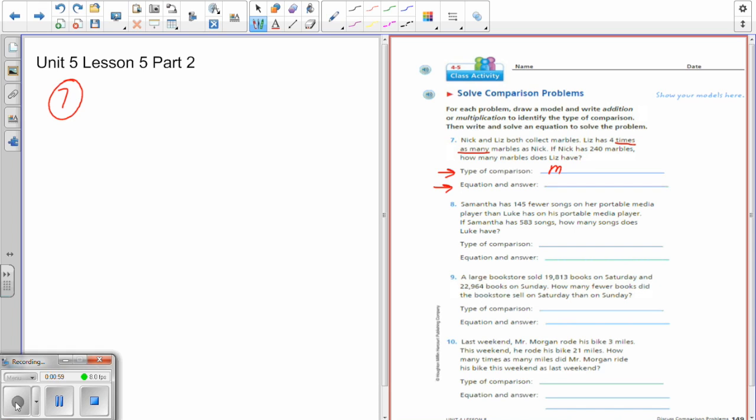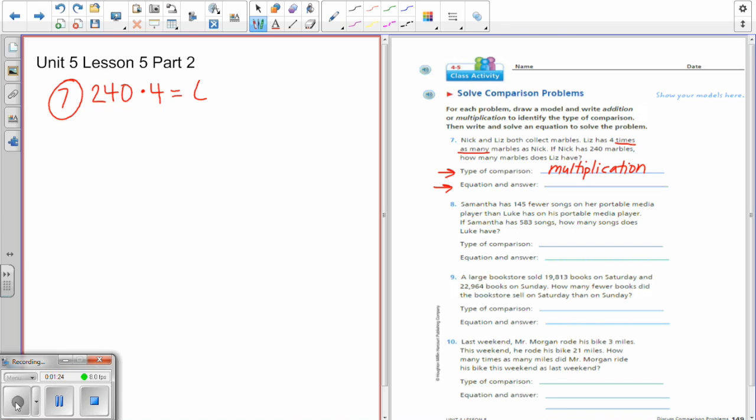So I know that this is going to be a multiplication comparison. And I'm hearing that Liz has 4 times as many as Nick. So I know how many Nick has. If I multiply that by 4, I'll get how many Liz has.